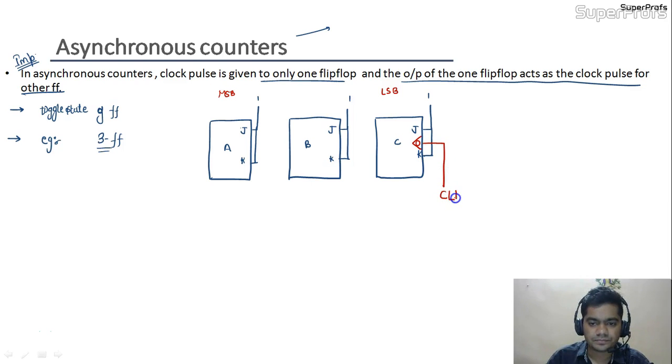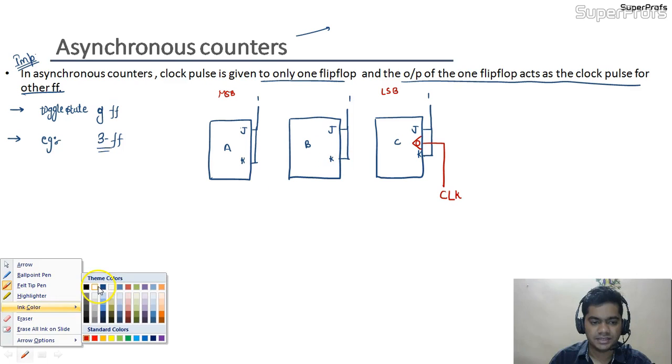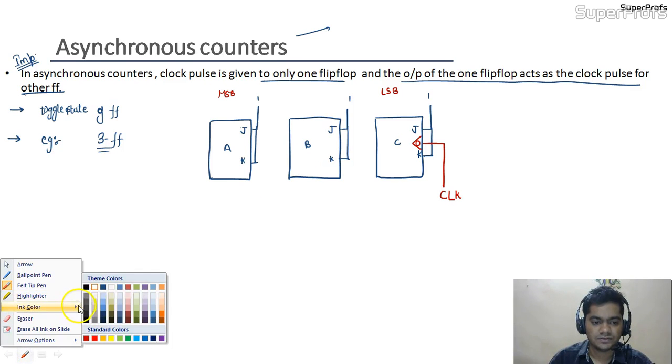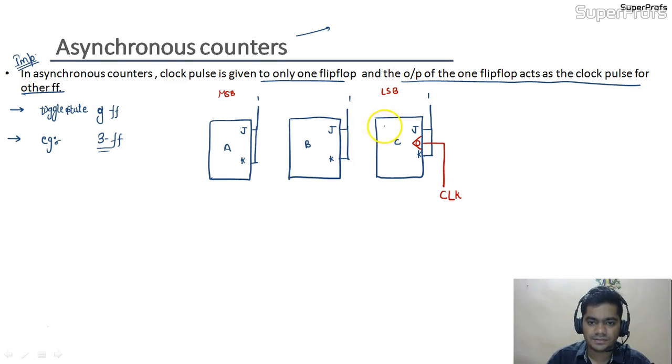Okay, this is the clock pulse applied to the C flip-flop, and we are triggering the flip-flops using negative edge triggering. Okay, and these are the outputs of the flip-flops, that is QA, QB and QC.